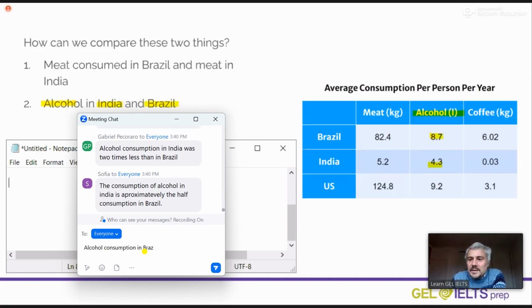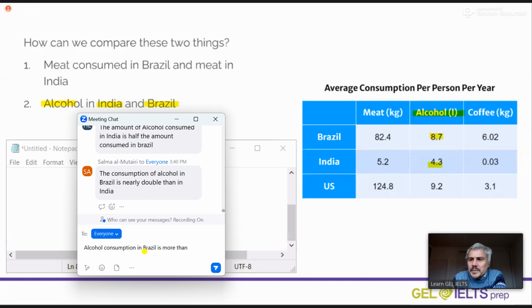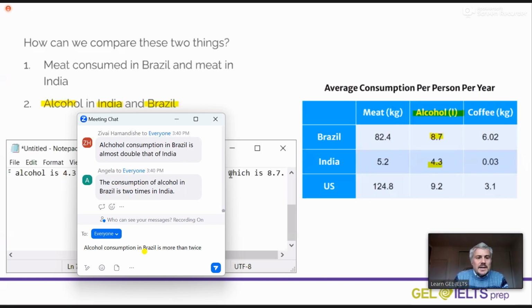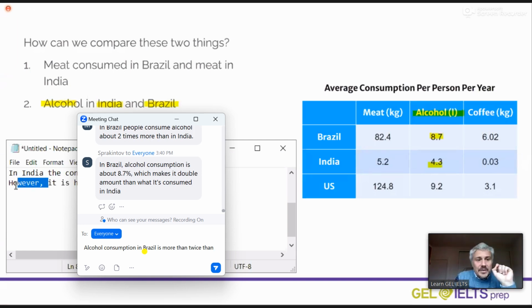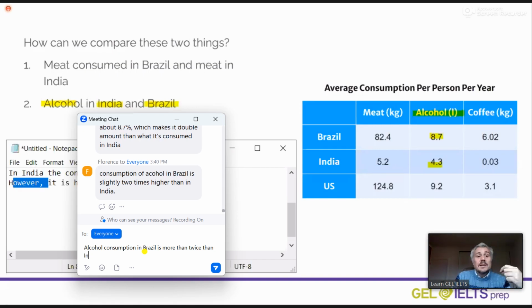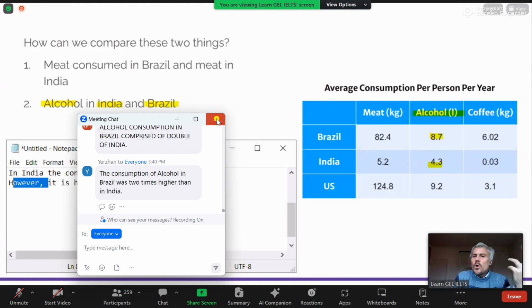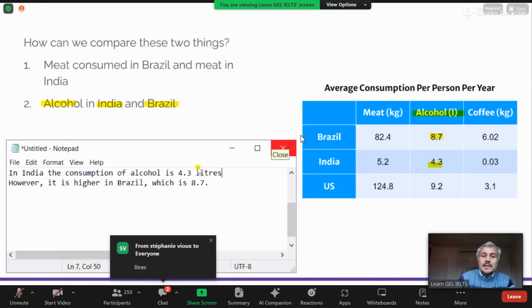Okay, very nice, everybody. Let's have a look. Oh, I like that one. Okay, I like this one. This is a nice one. This person has used two sentences and however to link them together. In India, the consumption of alcohol is 4.3. 4.3 what? We need to say liters.